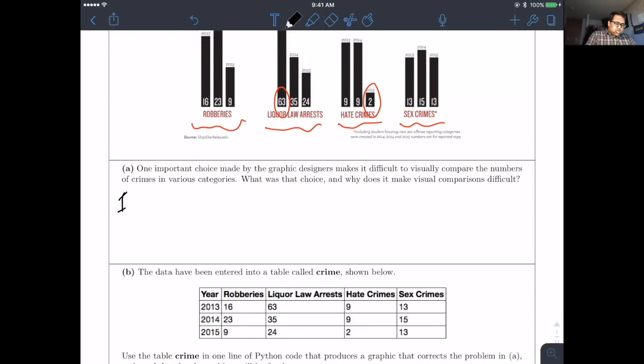So the important choice they made was not using a consistent scale across categories.